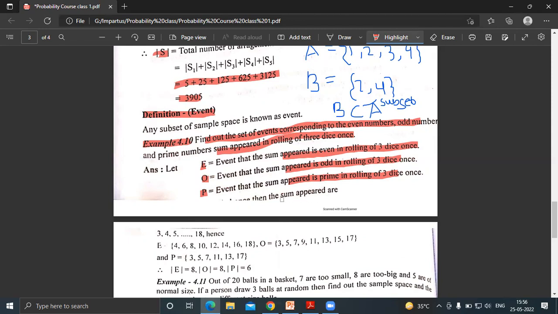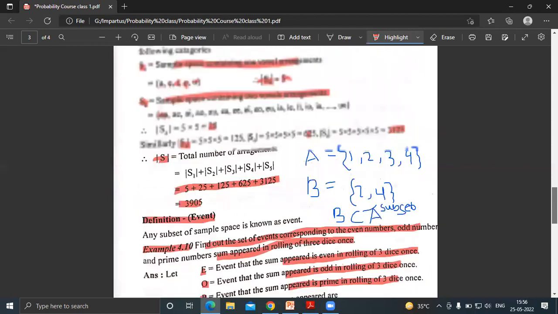So now, what is your sample space? The question asks for the sets of events corresponding to even numbers, odd numbers and prime numbers for the sum appeared in rolling 3 dice once. Sum means addition. If 3 dice are rolled once, what is the minimum element?